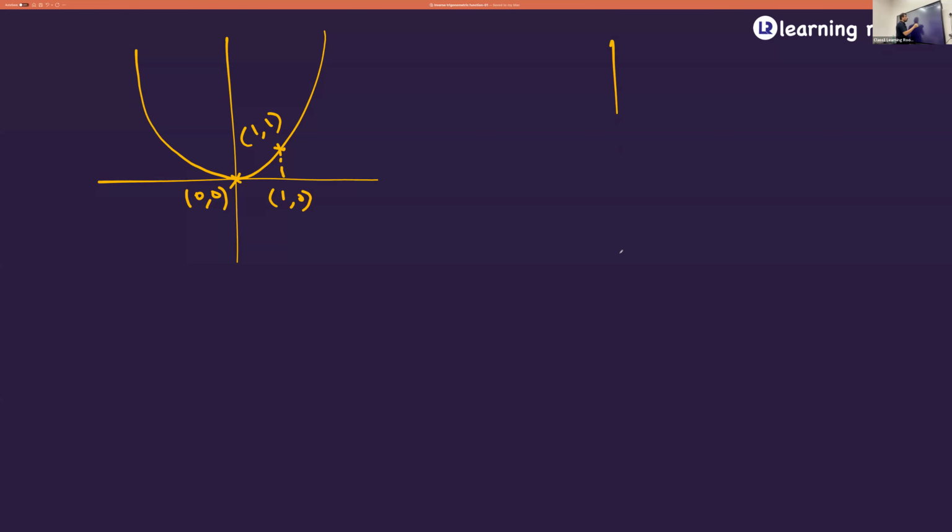Whereas when I took y is equal to mod x, you look at the shape of this, it is going to take this V shape. We know the graph of mod x. When I draw that tangent, see here, there is no curve in the first place. The line itself is a tangent. So wherever I say slope, what is the meaning of slope? Slope is the tangent of the angle made by the line with the x-axis.